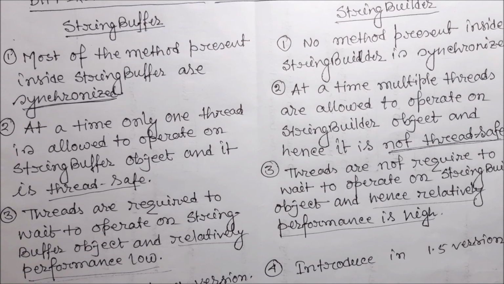Performance is relatively low in StringBuffer because every thread has to wait to access the object. In StringBuilder the performance is very high compared to StringBuffer, and StringBuffer exists in lower versions, but StringBuilder was introduced in Java 1.5. That is all about the differences.